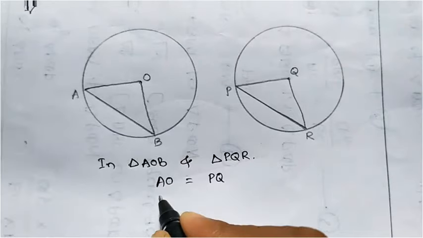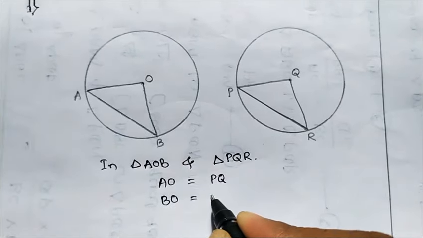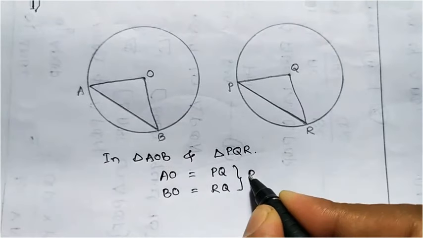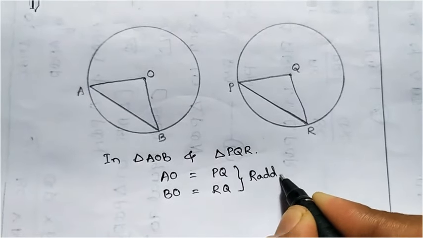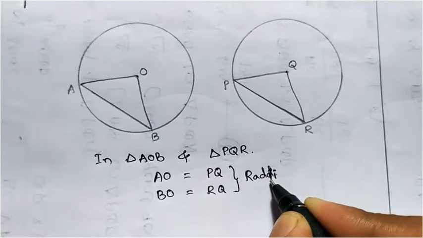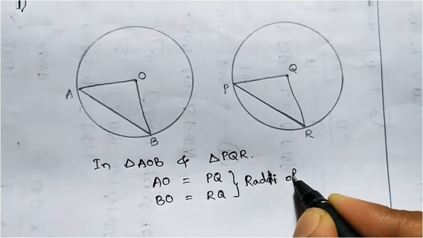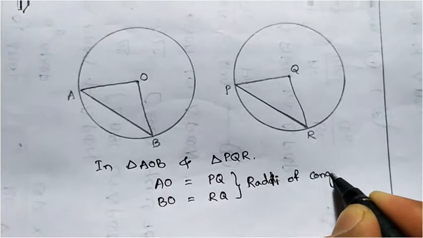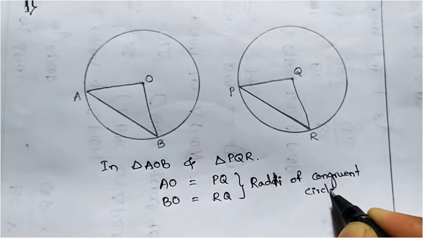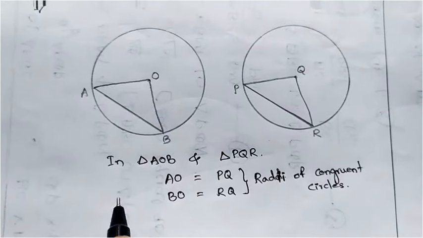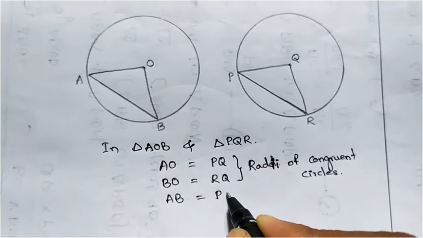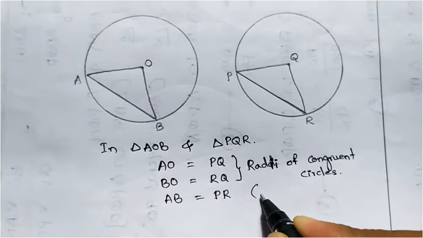Next, BO equals RQ, this is also a radius. Here I will write: radii of congruent circles. Next, they have given that the arcs are equal, AB equals PR. So this is given.